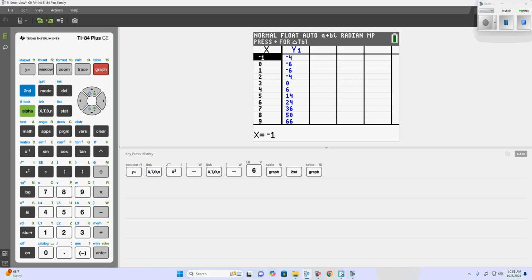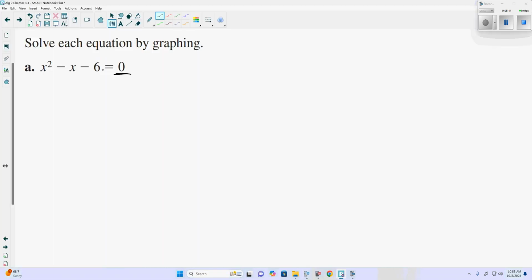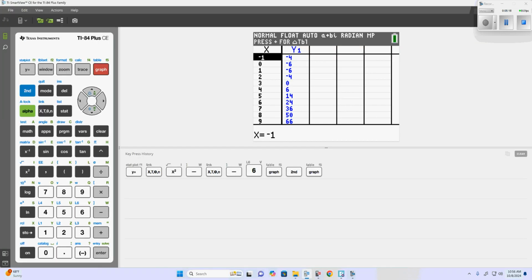One of them I already have listed here. And that value is what? 3. So x is equal to 3. Now we need to find the second one, and the other one is what? -2. Let me see. Okay, try it again.